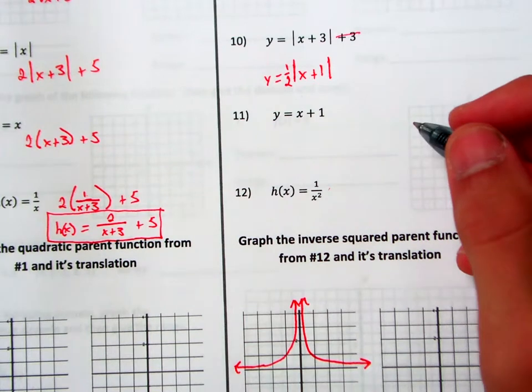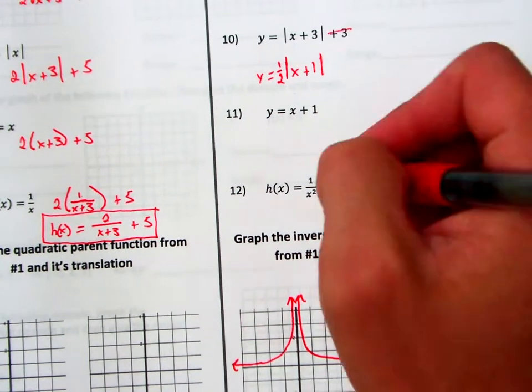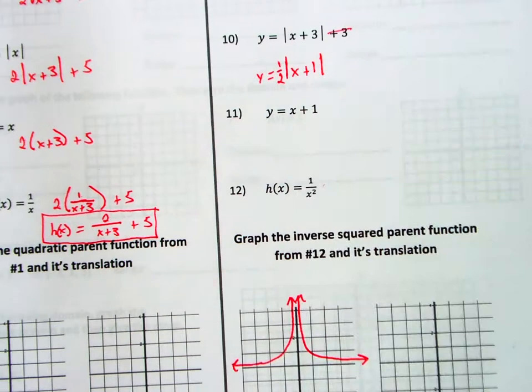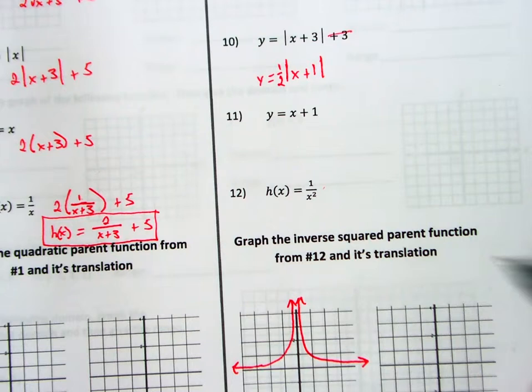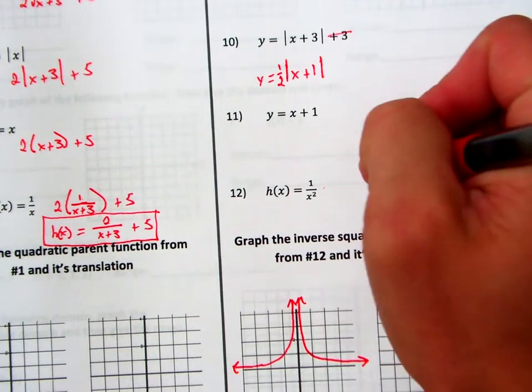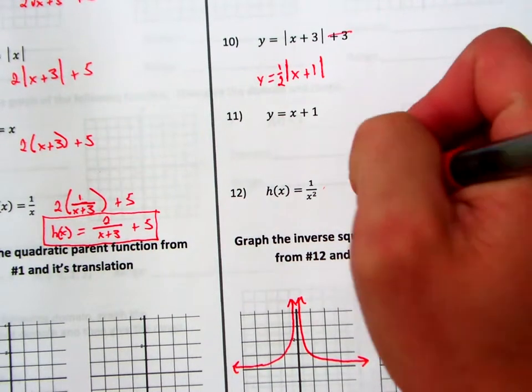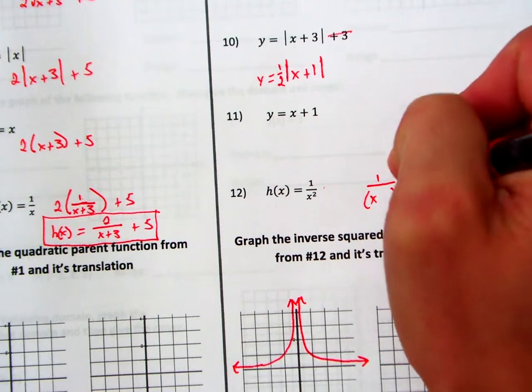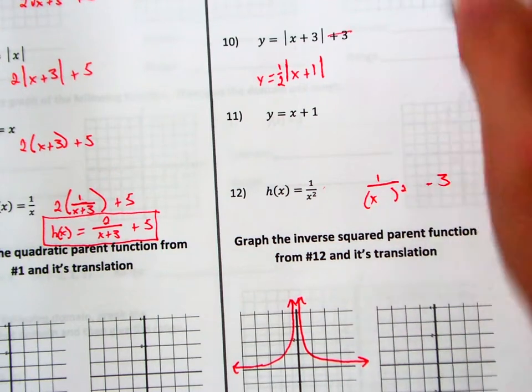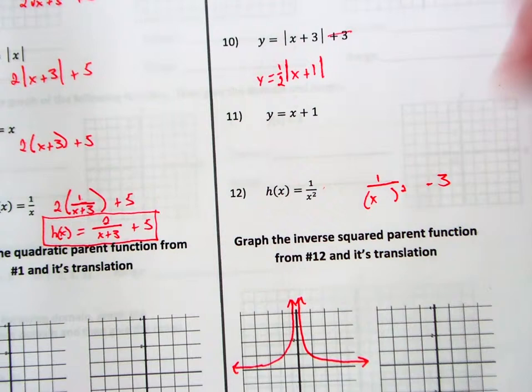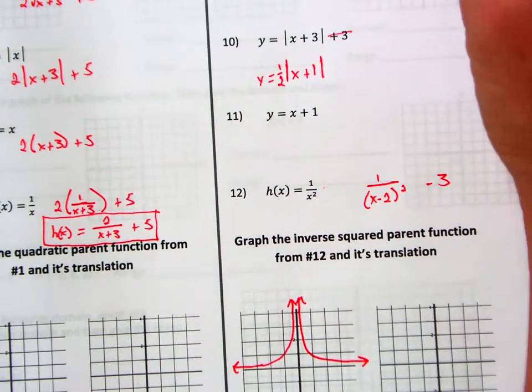Vertical shift down 3. Vertical shift down 3. And give me a second. So if I go down 3 from here, it's going to look like this. Down 3. And then right 2, so I'm going to have a minus 2 in here.